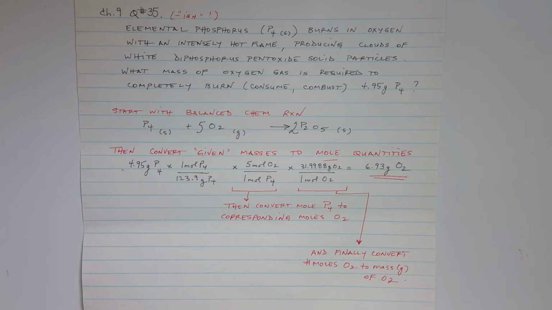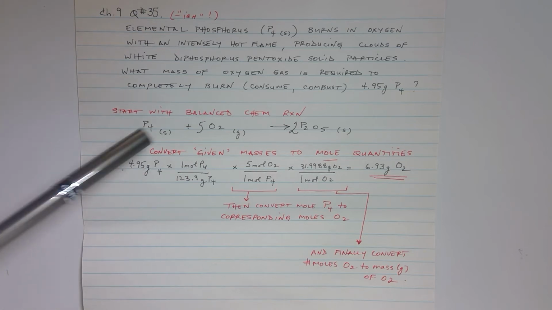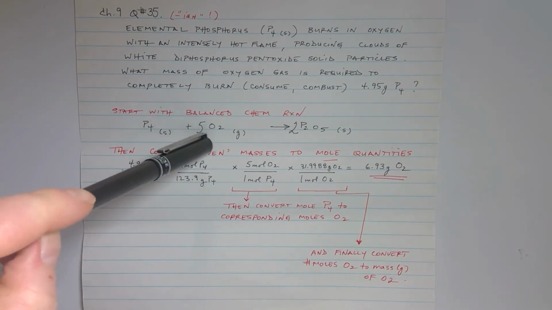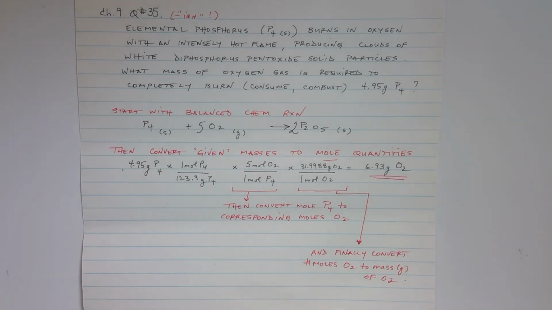I like this one because it's really showing you that this balanced chemical reaction relates all the species, reactants and products together in this reaction through the fact that it's balanced, and so through the molar ratio. And so they're asking you how much oxygen is required to react completely with this phosphorus.